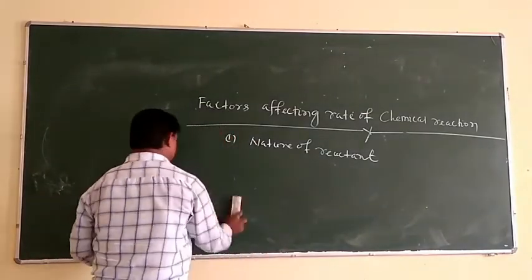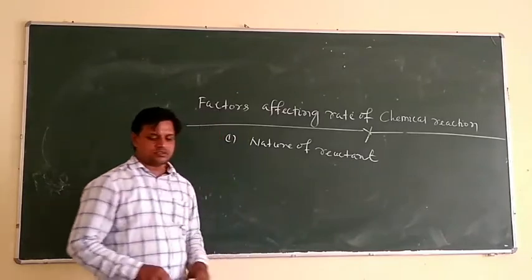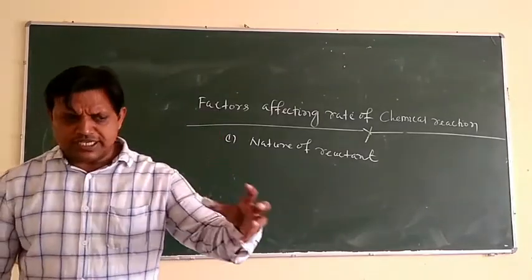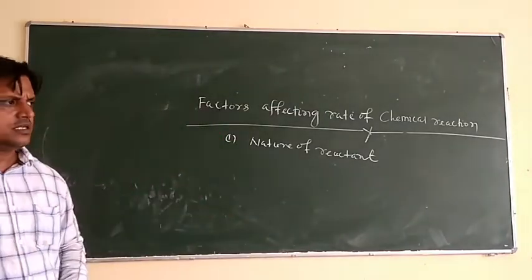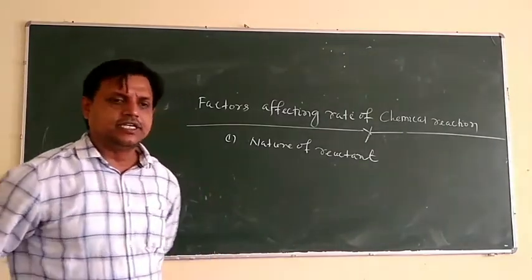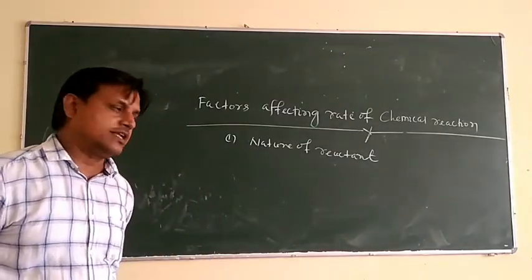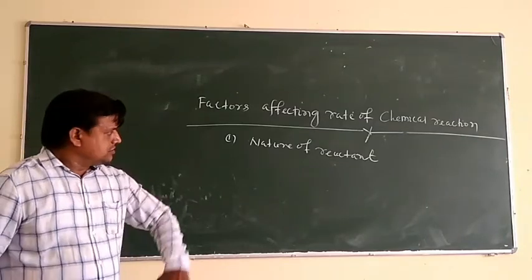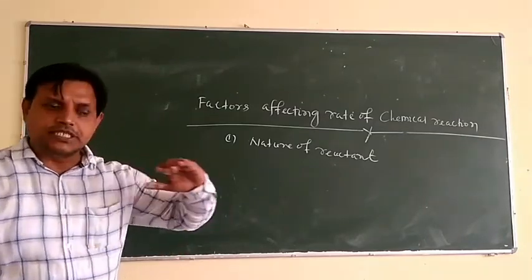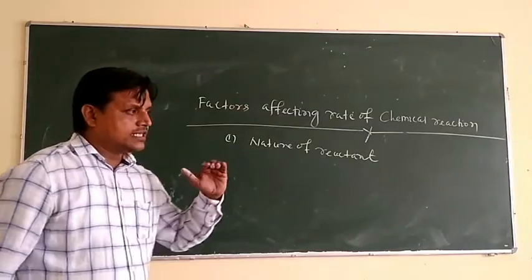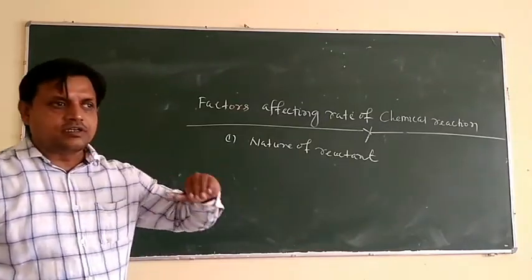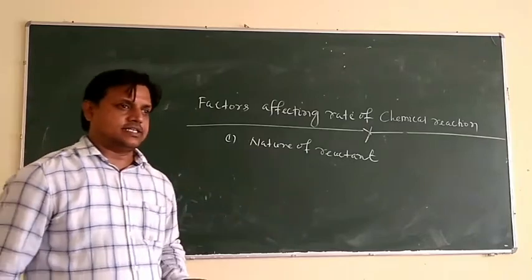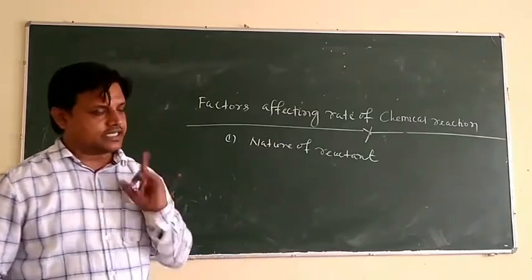Nature of reactant. So rate of a reaction may increase or decrease depending upon the type of reactant. The chemical reaction may be of a similar category, but if you change the nature of the reactant, it may affect the rate.